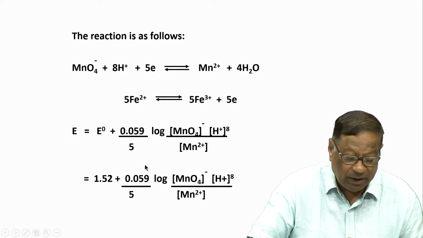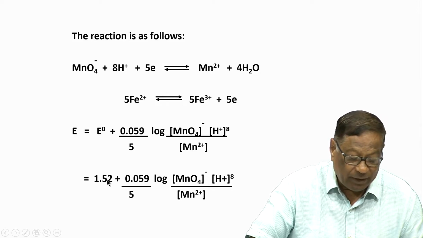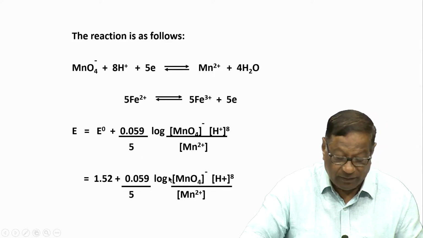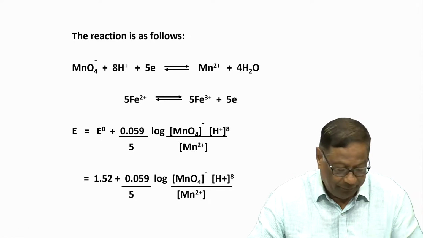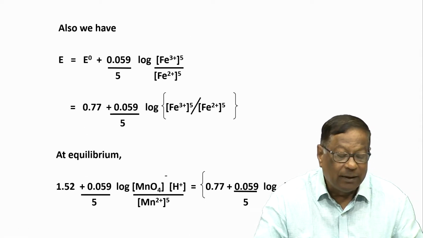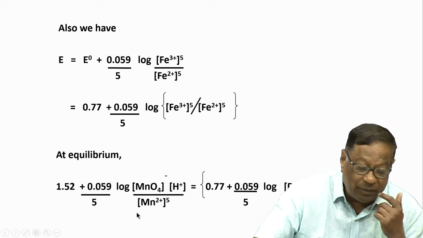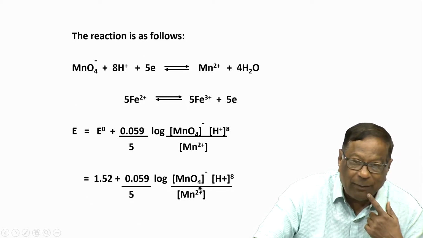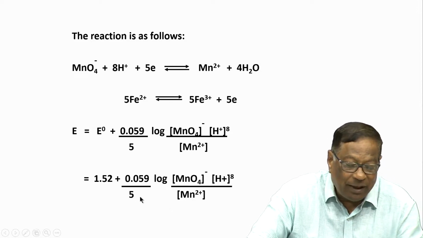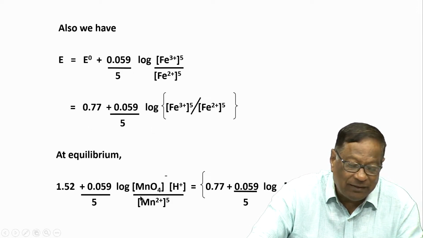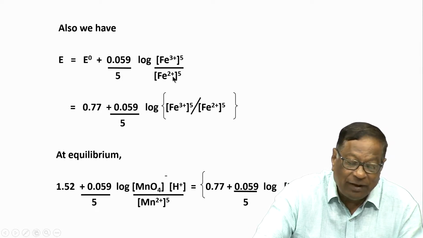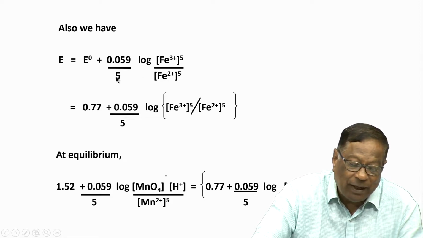This should be equal to the redox potential of this system, E naught 1.52, remaining concentrations etcetera will remain the same. And we also have another system in the same beaker, ferric ferrous. So, I write E is equal to E naught plus 0.0591 divided by 5, logarithm of ferric by ferrous raised to 5.